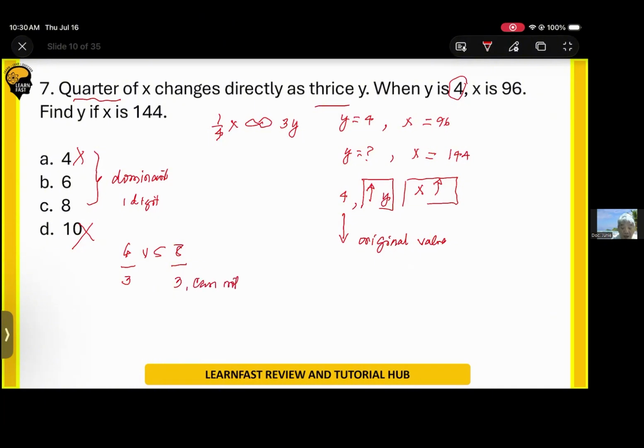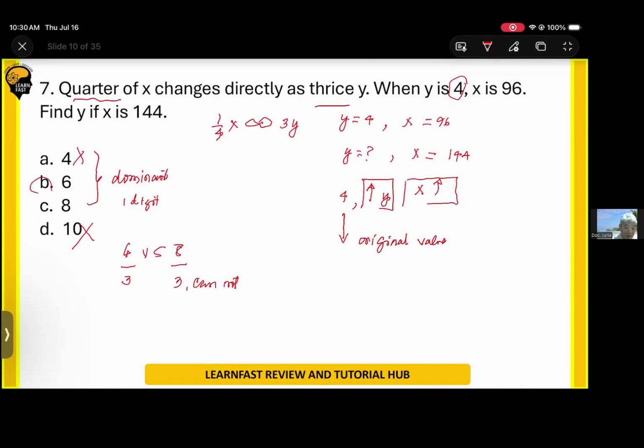So again, the statement says the quarter of x changes directly as thrice of y. Thrice means 3. So 3 indicates that y value should be divisible by 3. That is why the answer is letter B.